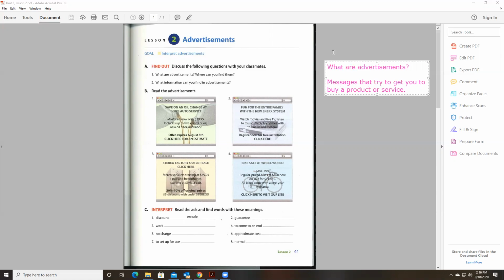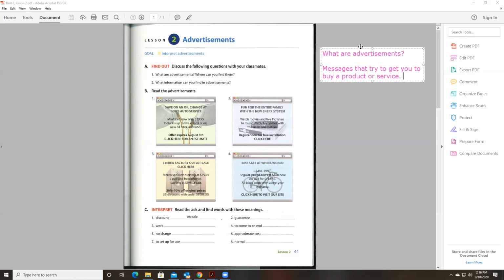To me, an advertisement is something that gives you a message, right? And it tries to get you to either buy something, buy a product, or buy a service.